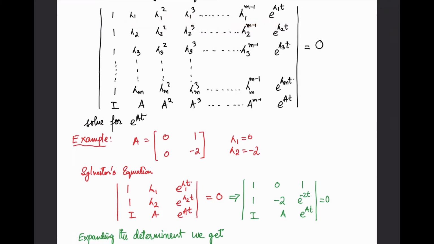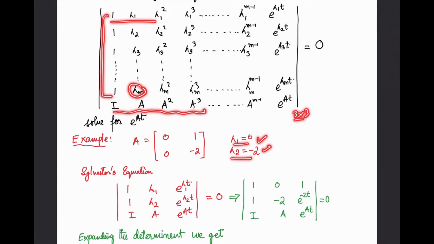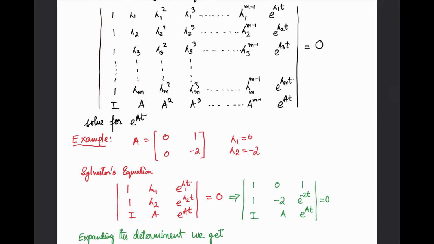As we have only two eigenvalues, we will have only three rows. The first set of these ones, these are for m eigenvalues, and the last row is this one. So the order of our matrix will be 3 cross 3 for the 2 cross 2 matrix A.